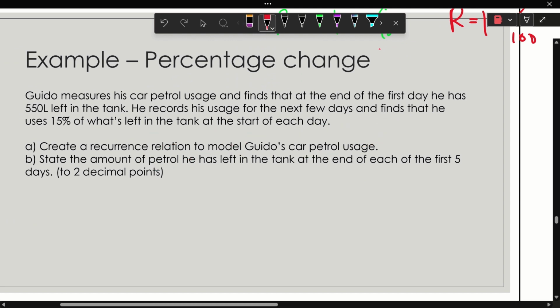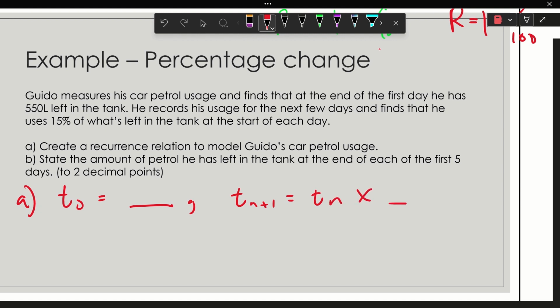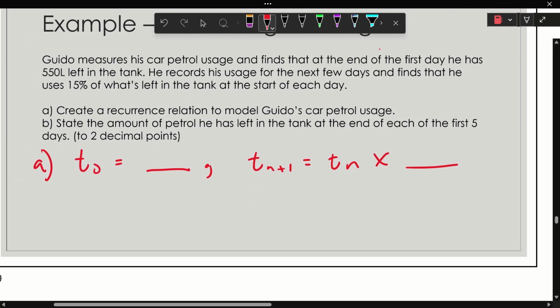So it's the same as what you normally would have. You're going to tell me what is T0, and then Tn plus 1, you're going to tell me what is the common ratio. So two things.